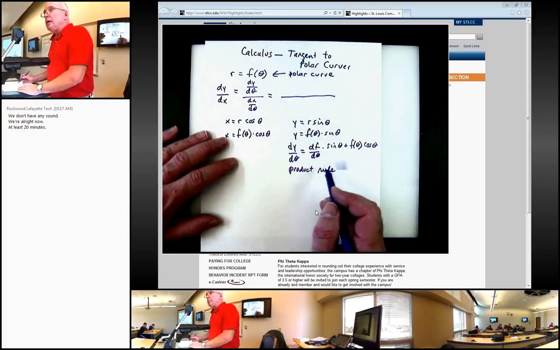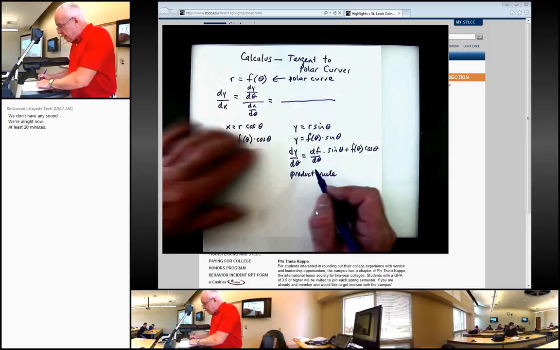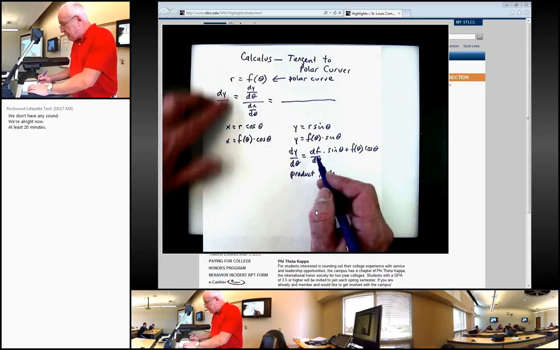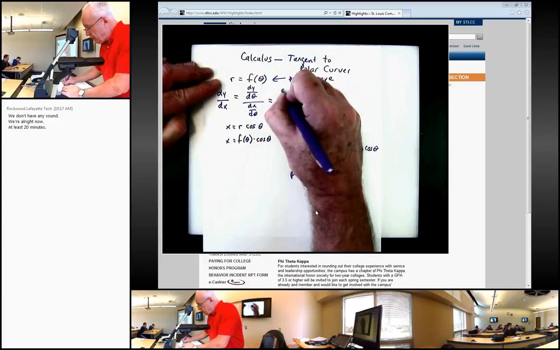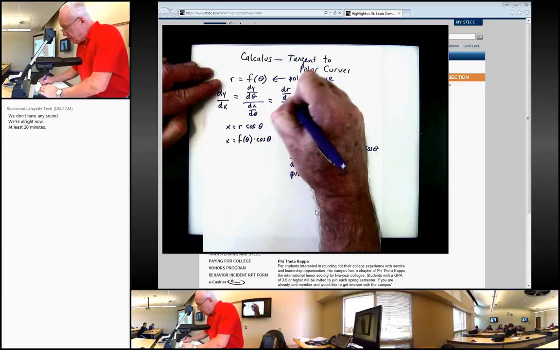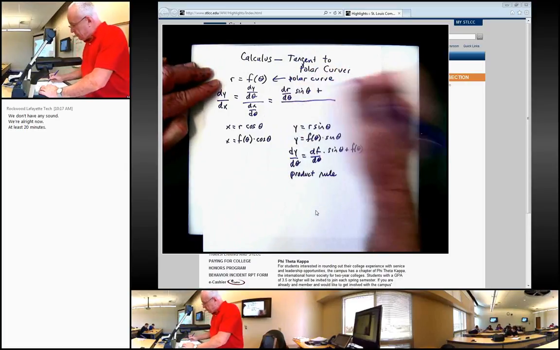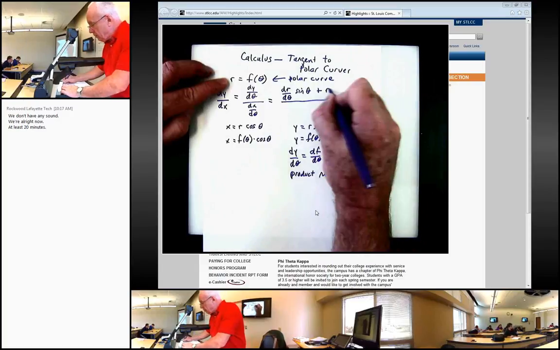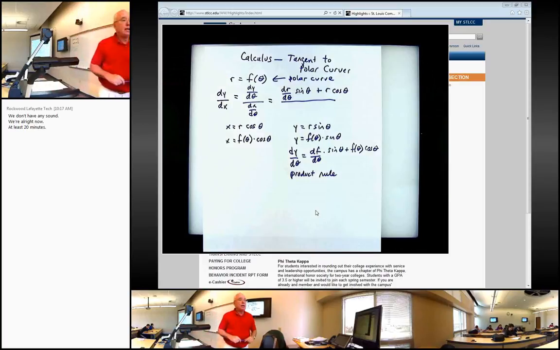We okay with that product rule? So up above here in my formula, I'm going to go along with how the book has it. Instead of writing df d theta, I'm just going to write dr d theta. So dr d theta times the sine of theta plus, and now instead of writing f of theta, I'm just going to write r times the cosine of theta. So that's our numerator.